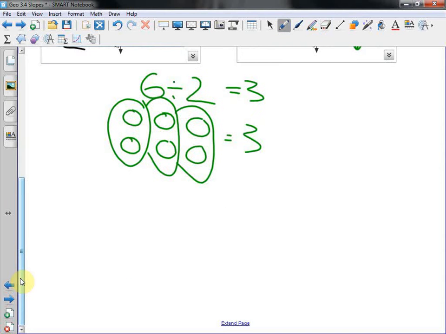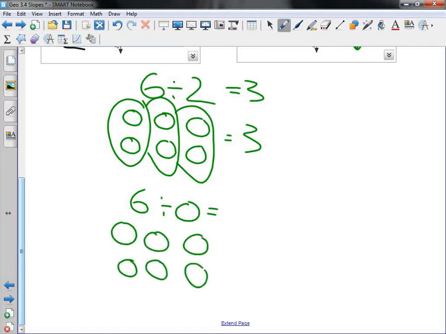Now let's try 6 divided by 0. Like the previous problem, I'm going to be taking away groups of 0 until I run out. So I'm going to take away a group of 0, and I'm going to give it to Jose.